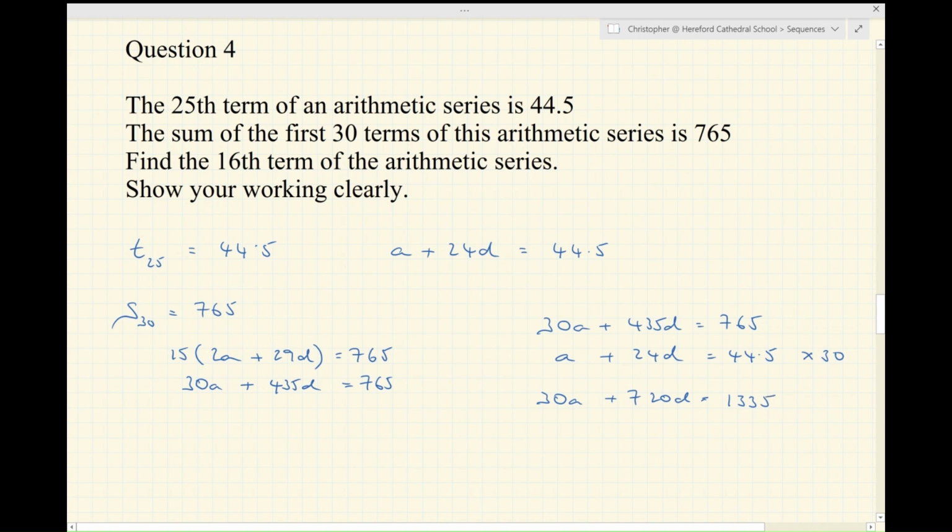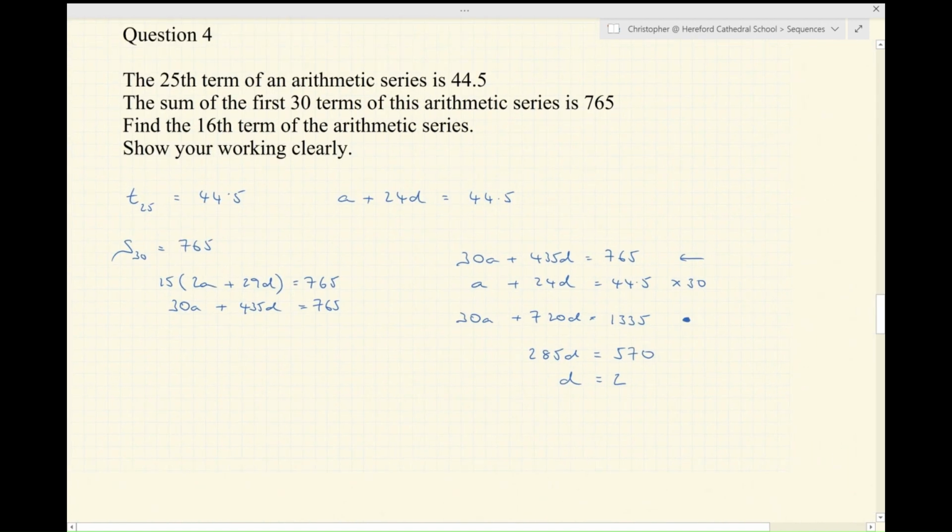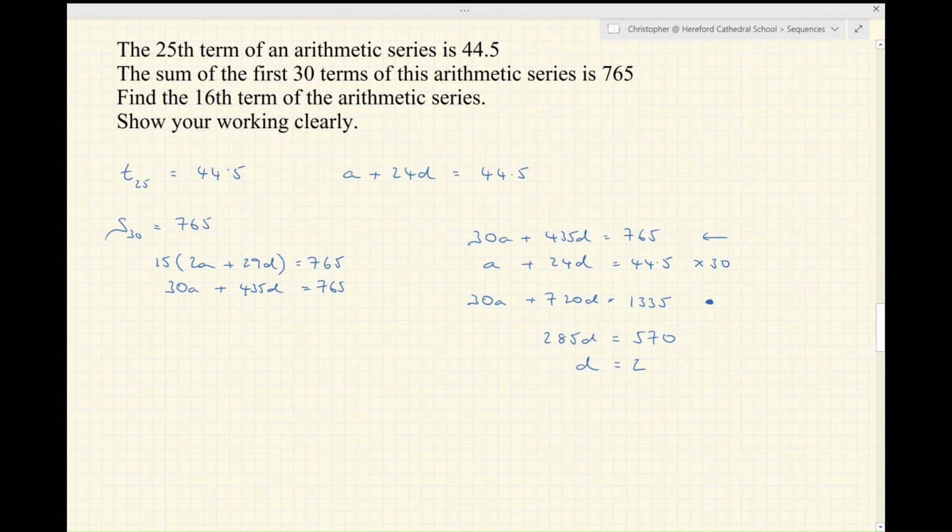And now let's subtract this equation here, because the A's will disappear and I'll be left with 720D minus 435D gives me 285D equals 1,335 minus 765, 570, and hence D is 2. Substitute that value for D into one of your equations, and you'll find that A is minus 3.5.